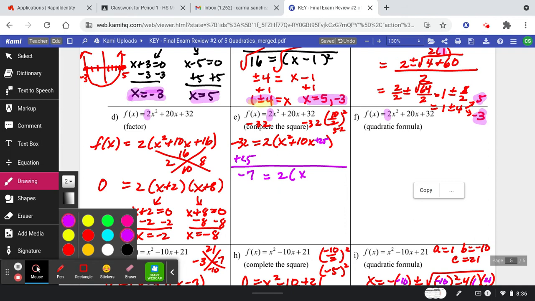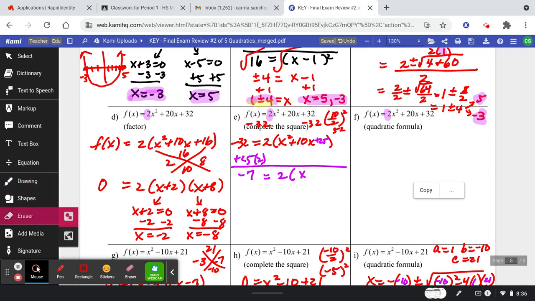Oh, wait. Adding 25 2 times, which is 50. So 50 minus 32 is 18. And this over here makes the x plus 5 squared perfect.